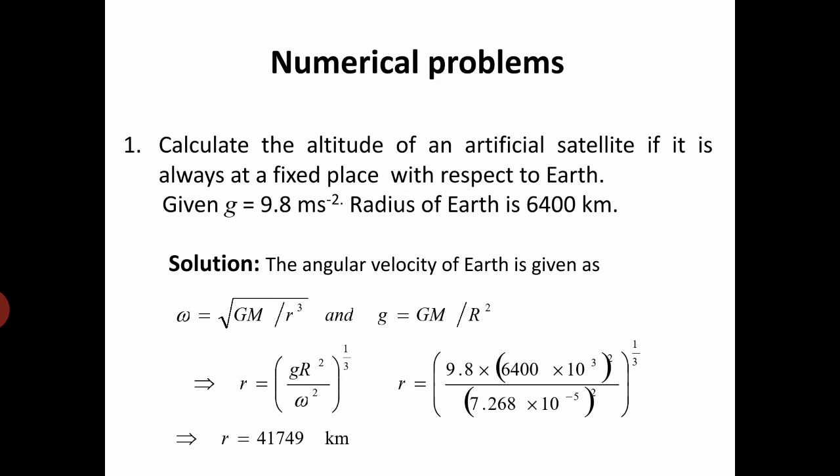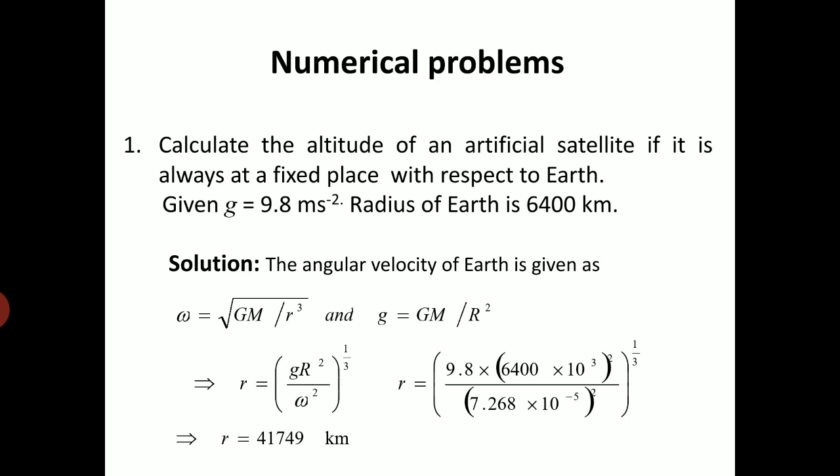Solution for this problem: the angular velocity of the Earth, we already know, omega equals root of GM over r cube, or it is also written as g equals GM over r square.